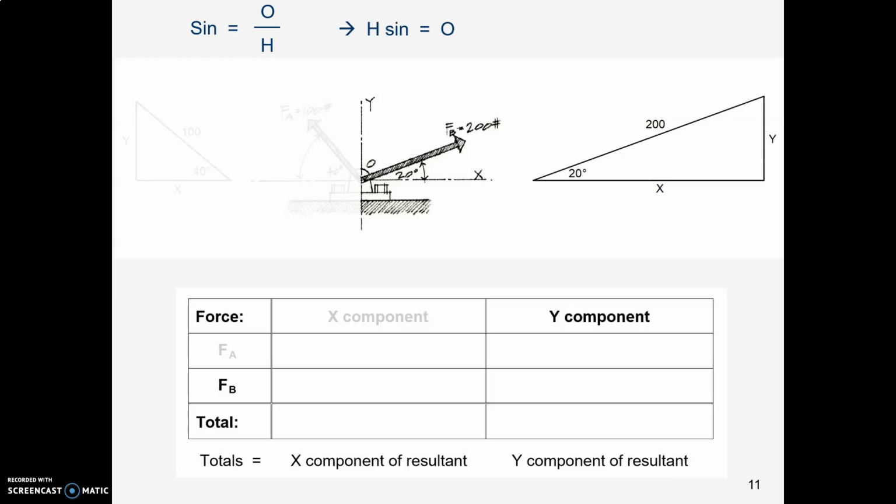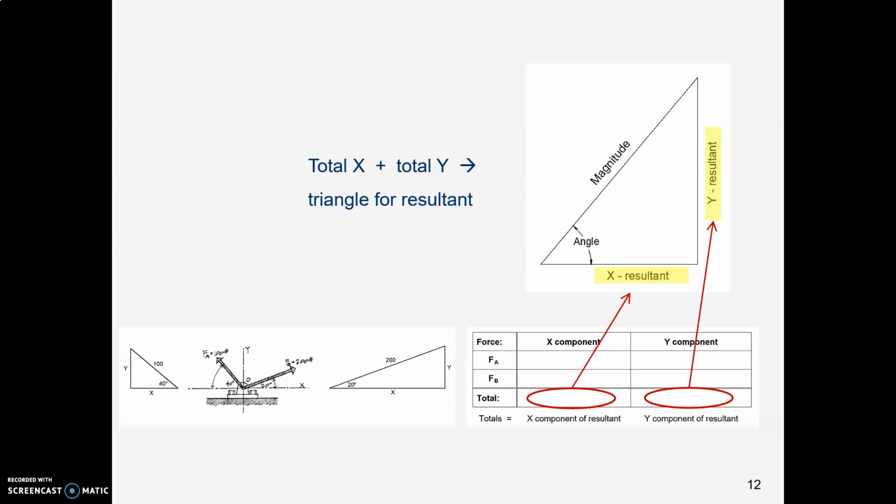Rearranging the terms, multiplying both sides by h, we get h times sine, or, in this case, 200 sine 20 will give us the opposite side, or the y component. And if we were writing this by hand, we could fill in the y component in our table. And now we have figured out all the x's and all the y's, and now we can add them all up. What do the x's all add up to? What do the y's all add up to?